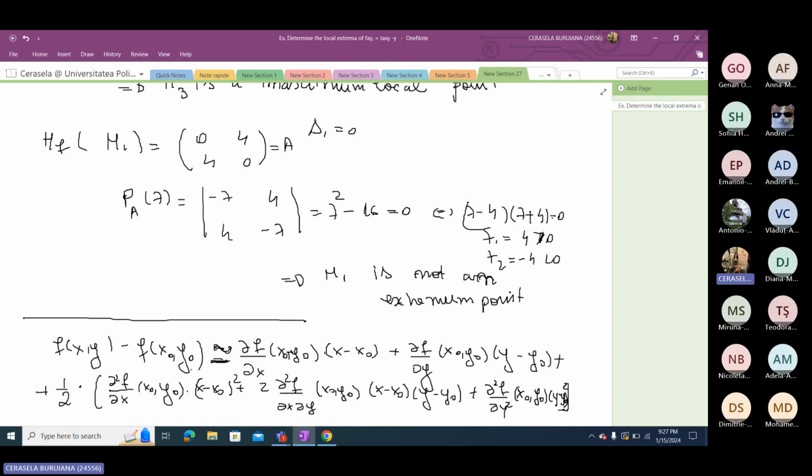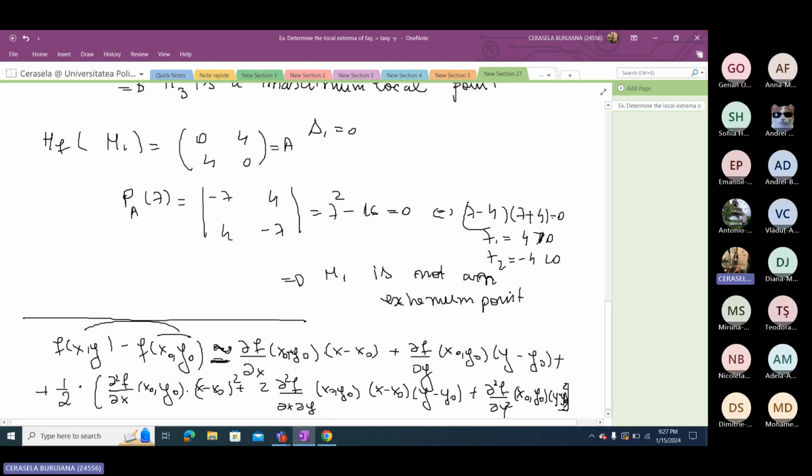If this point is a minimum point, this should have only positive, negative, or negative values? Positive, if it's a minimum point. Okay. If it's a maximum, it will have only negative values.